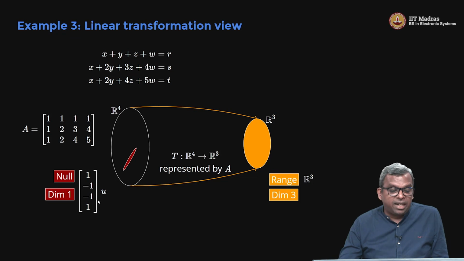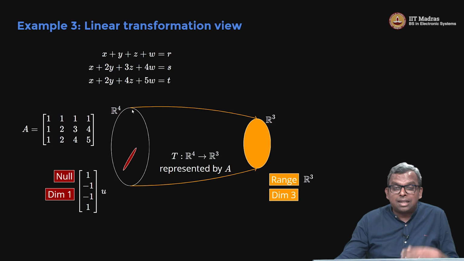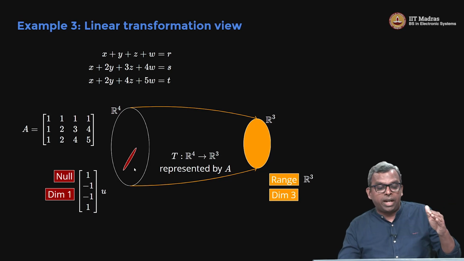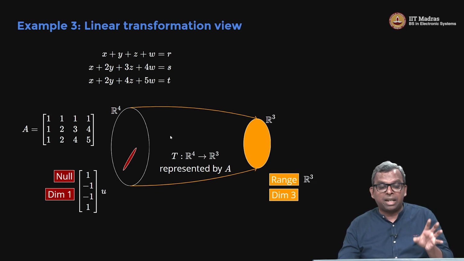Now notice, interestingly, the null space is not a single point in this particular case. Null is a one-dimensional object, spanned by (1, -1, -1, 1) times u, and that is shown here. All the points in this null space go to 0, that we know. So there is a reduction in dimension. From a one-dimensional object, it's going off to 0.